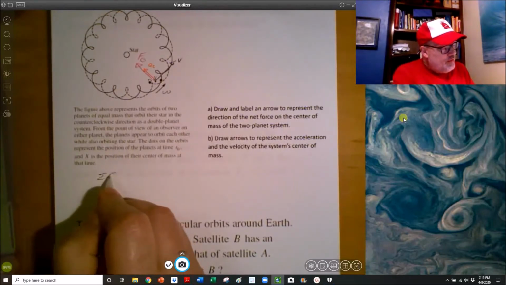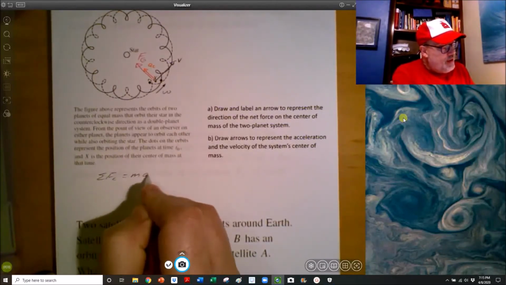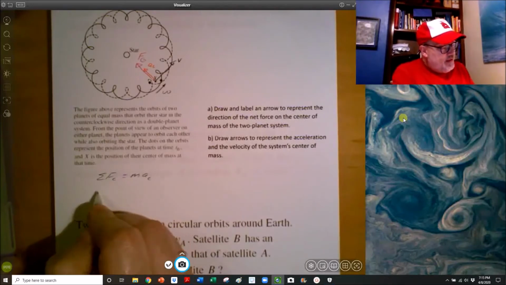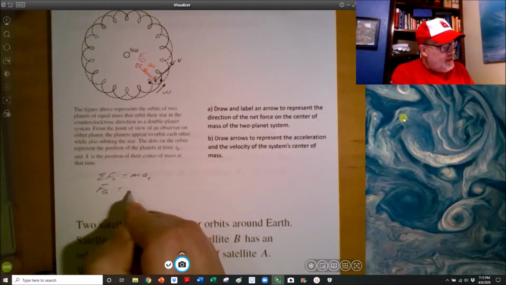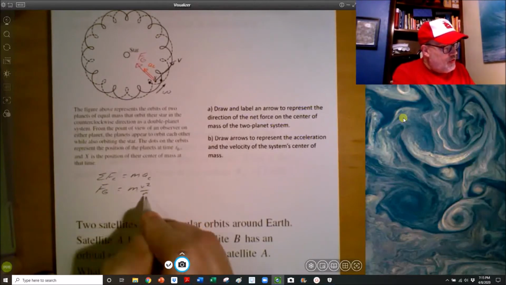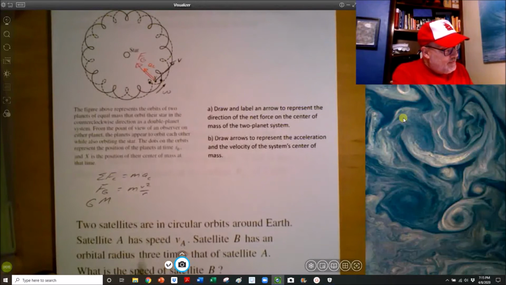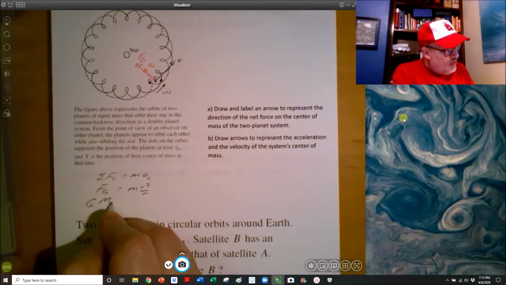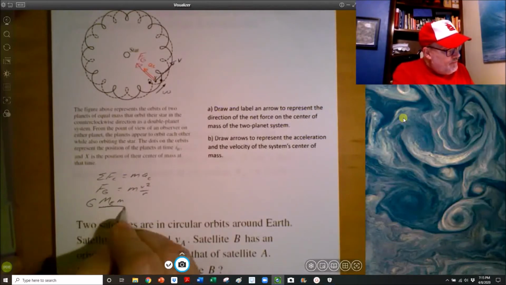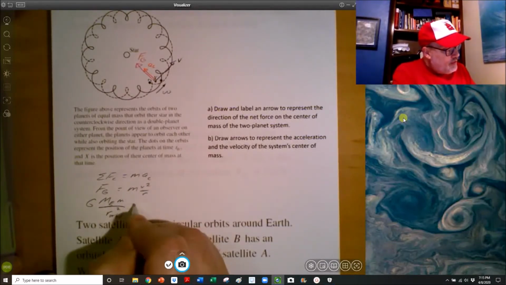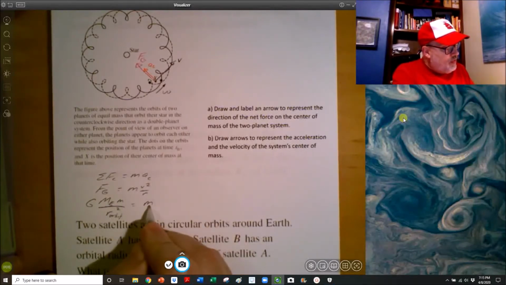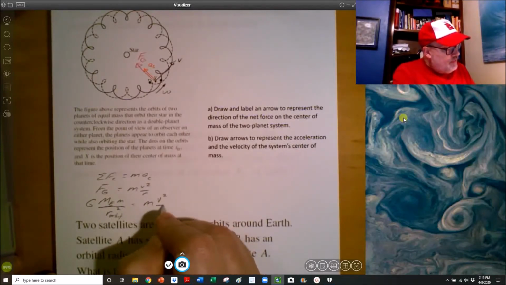We know that the sum of the forces towards the center equals m a_c, and that force in this case is gravity, so the force of gravity equals m v squared over r, and that force of gravity is big G, the mass of the thing in the center, which would be Earth, and then the mass of the thing going around, over the radius of the orbit squared, equals the mass of the thing going around, v squared over r.